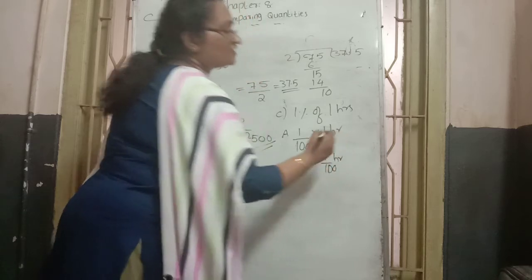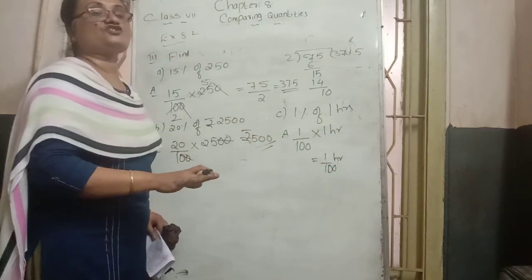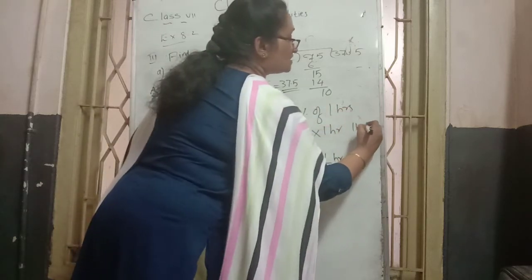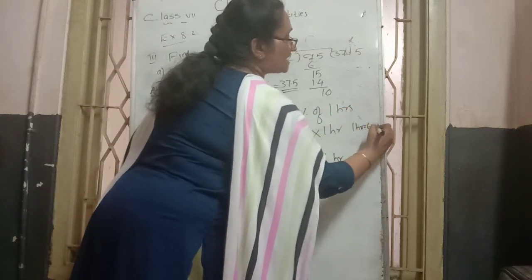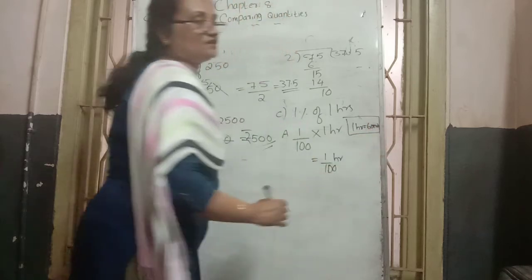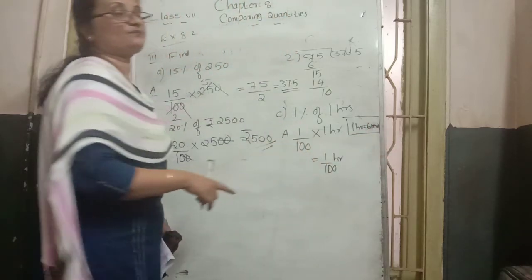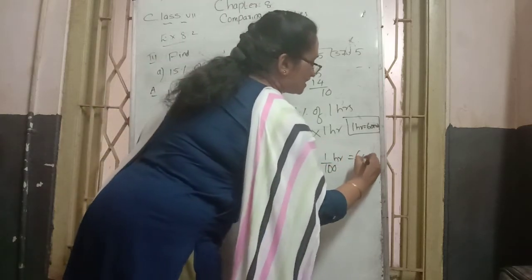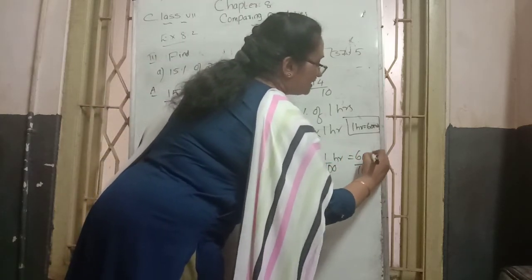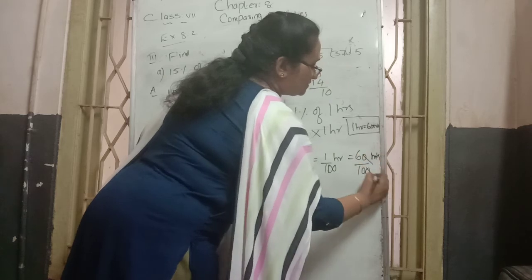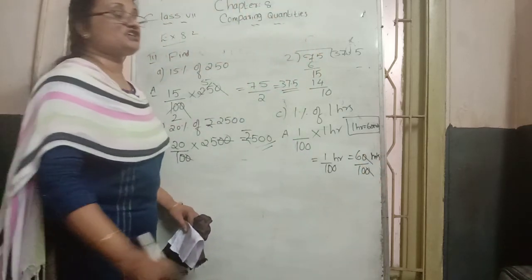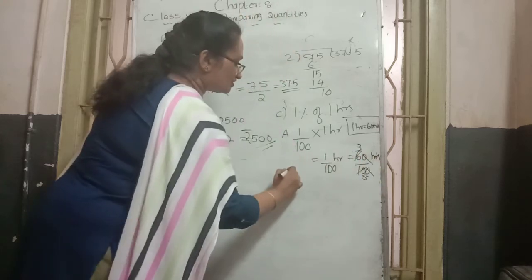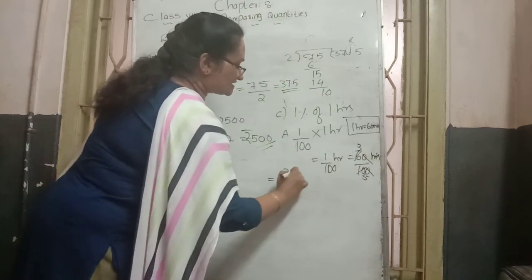But we can convert to minutes: 1 hour is equal to 60 minutes. That's why instead of 1 hour we can write 60. So 60 by 100 minutes. Cancellation possible: 0 0 cancel. 2 table 3, 2 table 10, 5 times. So 3 by 5 minutes is the answer.